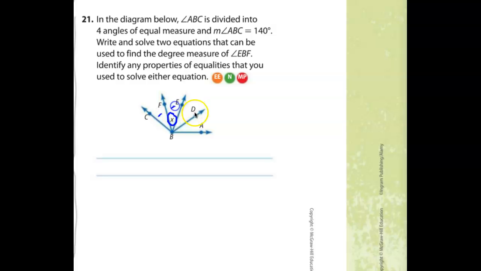There are 1, 2, 3, 4 of those equivalent angles. So 4 times x is equal to, and what should be on the other side of the equation? Go back into the word problem and figure out what all 4 of these angles are equal to. Very good. It's right here.